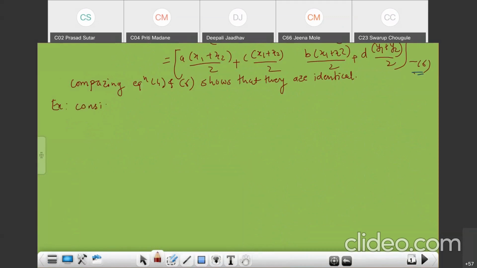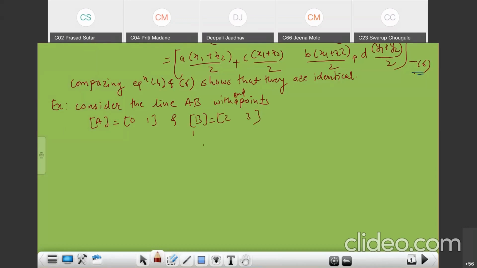Consider the line AB with end points A is equal to 0, 1 and B is equal to 2, 3.